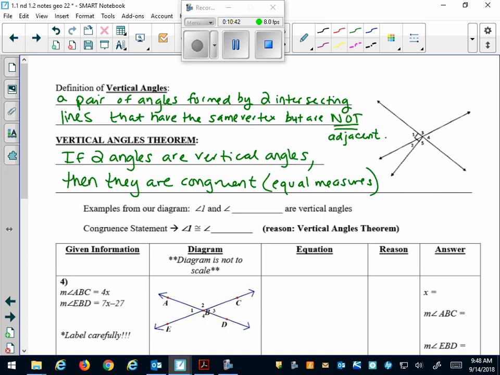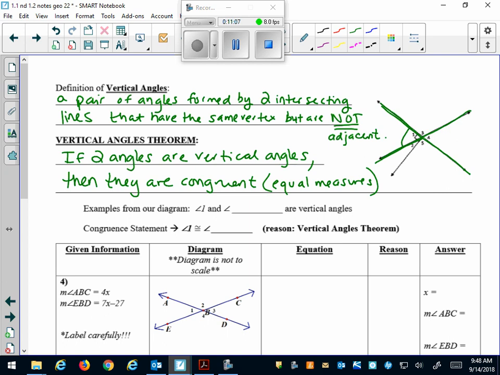So our diagram's a little bit more complex than just the two intersecting lines. There's an extra ray thrown in there. But let's see if we can identify what would be a vertical angle to angle 1. Yep, 4. Because angle 1 is formed by this line and this line, right? Here's angle 1 here.